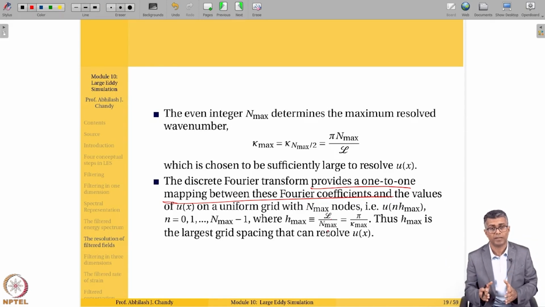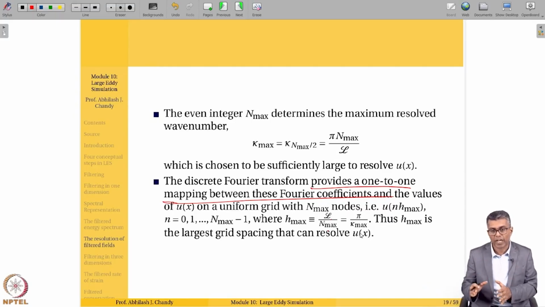If you were doing a DNS, that is basically pi over kappa max. So your h max is pi over kappa max. This is the h max, which is the largest grid spacing that is sufficient to resolve U of X exactly, right? So when we say sufficient to resolve U of X exactly, that means resolving up to the Kolmogorov scale. So this is if everything was DNS.